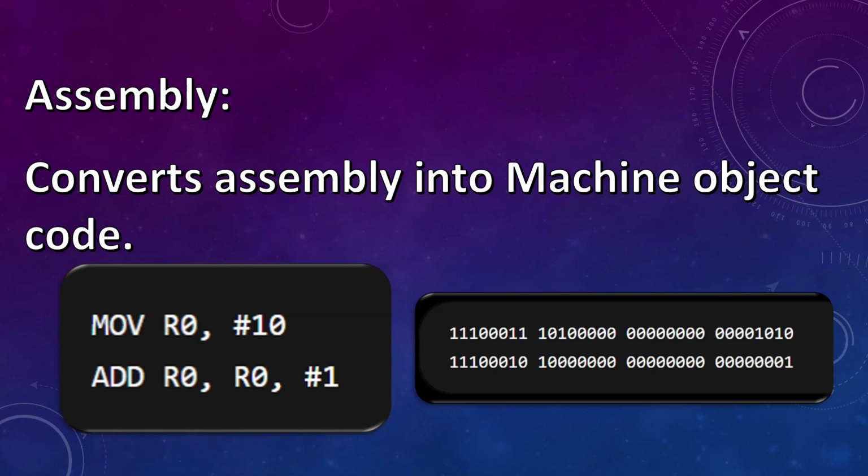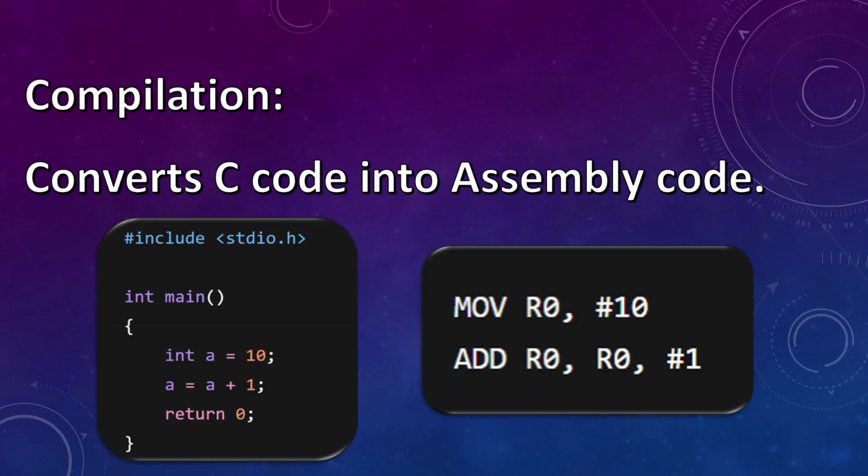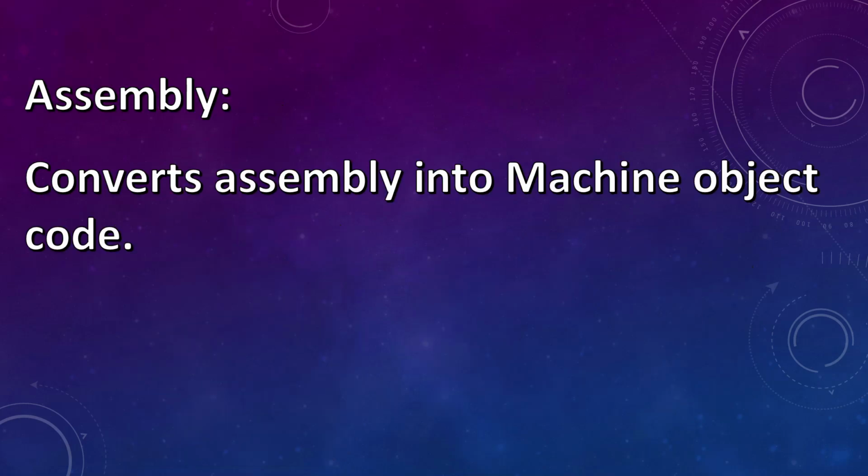So here we have the assembly level code, which is move r0, #10, add r0, r0, #1. What this is doing is the previous slide's int a = 10, where a is incremented by 1 and placed in a itself. So now the value of a is 11.